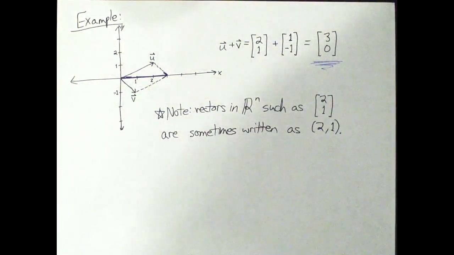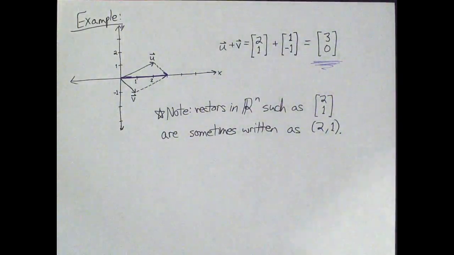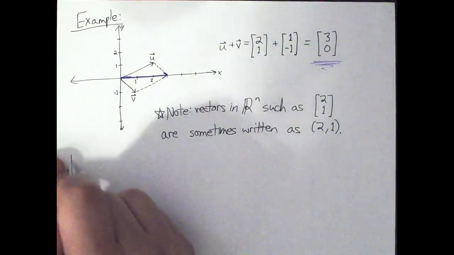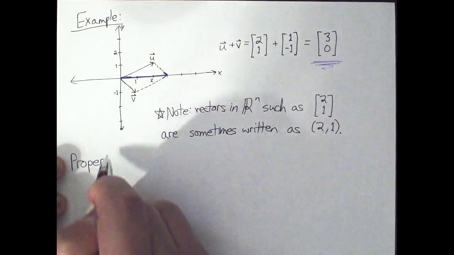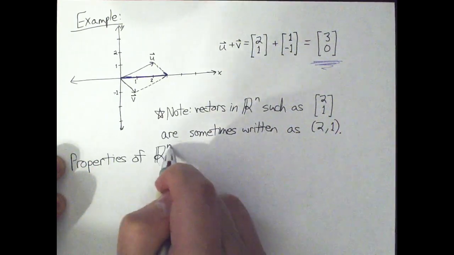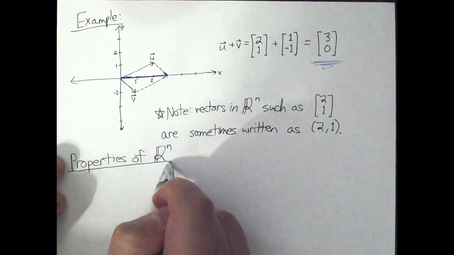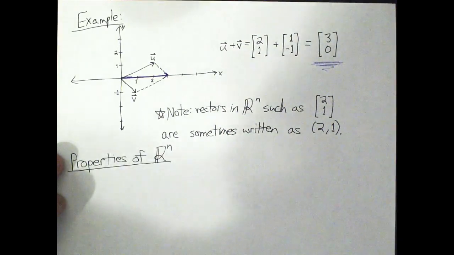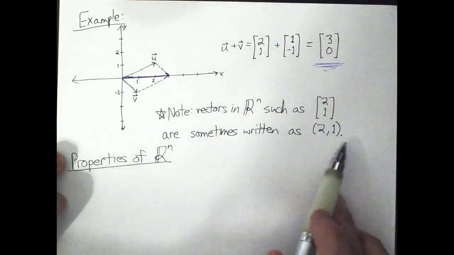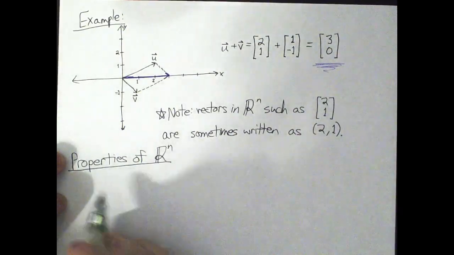All right, so we have been talking about Rn, and we have a lot more to say about Rn, and we're going to start with some properties. Properties of Rn. This seems like an important topic because this is the set of all column vectors with n entries, which we're now saying can also be thought of as the set of all points with n coordinates.